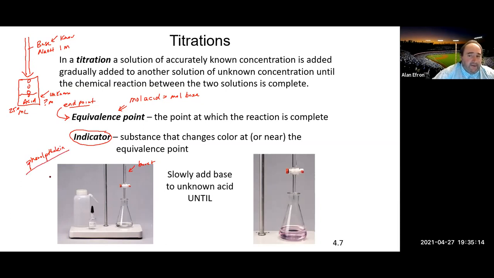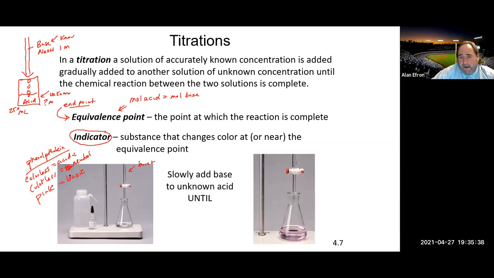Phenolphthalein is an indicator that's used in a lot of titrations. It is colorless in acidic solutions. It's colorless in neutral solutions. And it turns a lovely shade of pink in basic solutions.